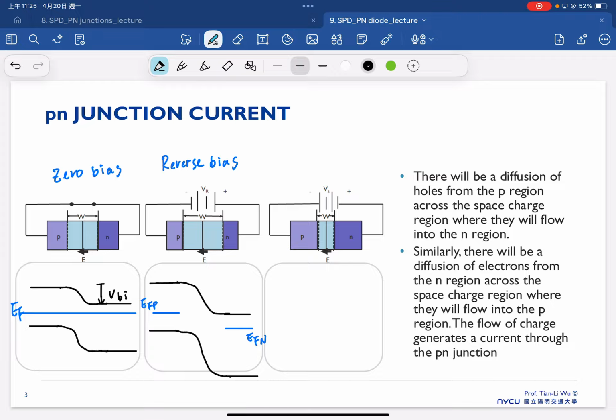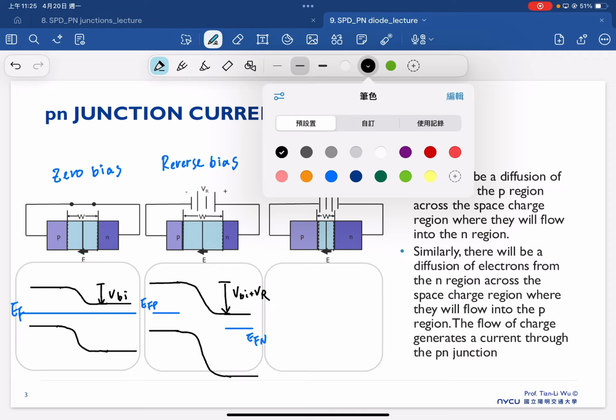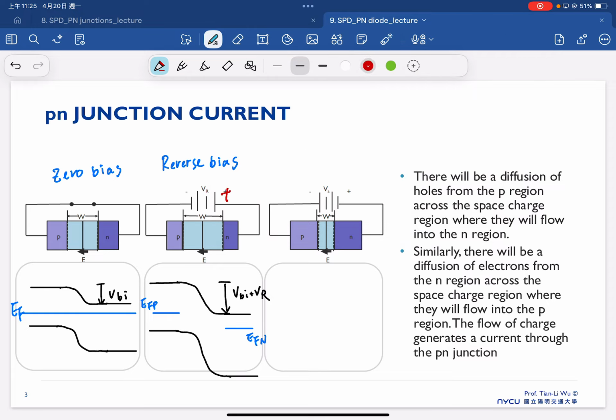Therefore, VBI plus VR, now we have this barrier height here. This is the case under reverse bias, where we apply the positive bias on the cathode side.